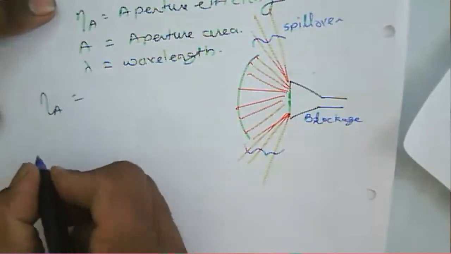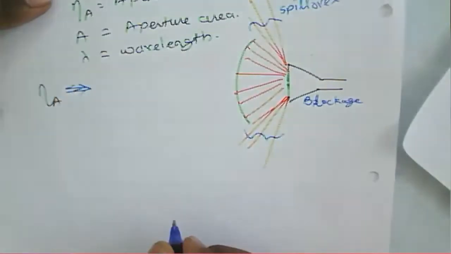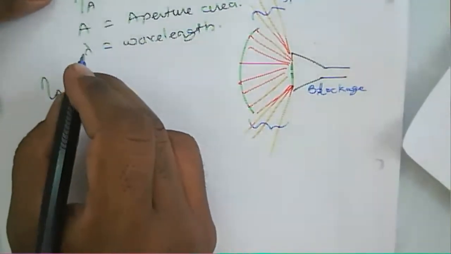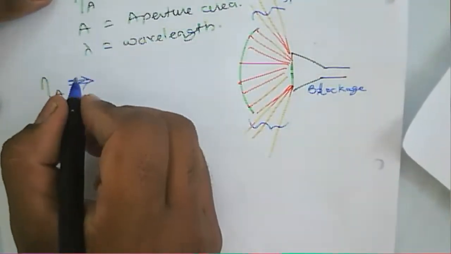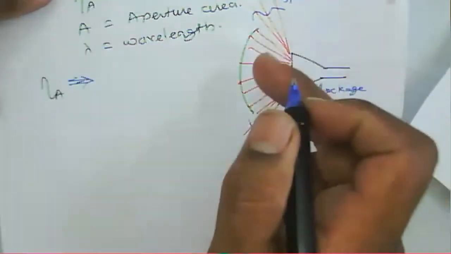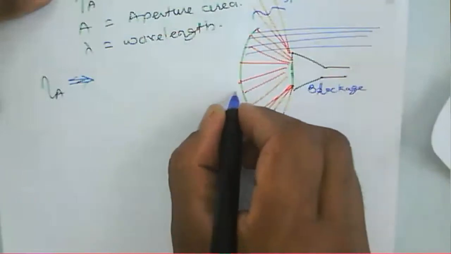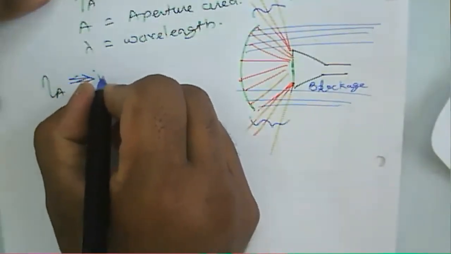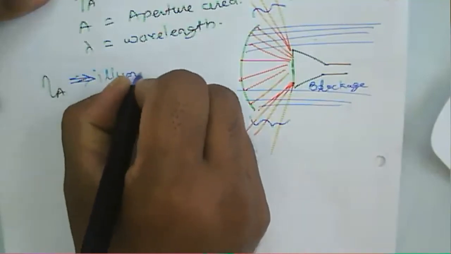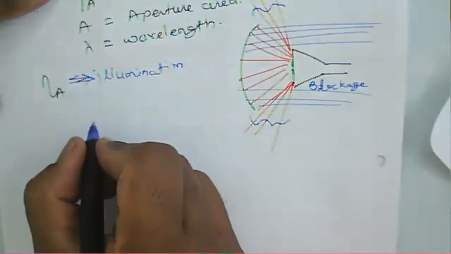So generally we say that the efficiency of this antenna, or the aperture efficiency, is nothing but the product of the rays reflecting from this, the illuminated rays from this reflector. So that is the illumination efficiency.